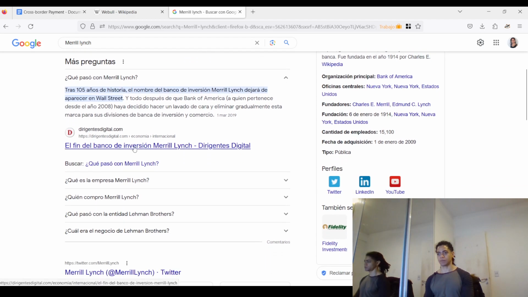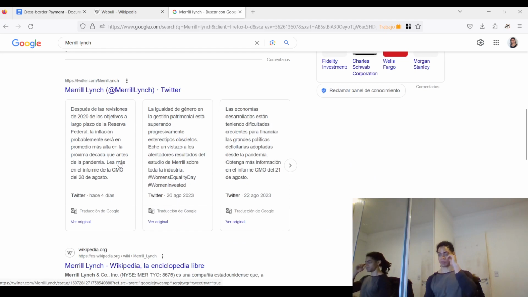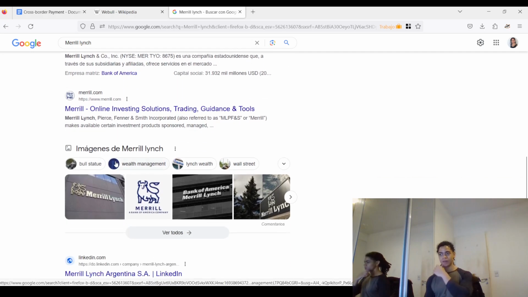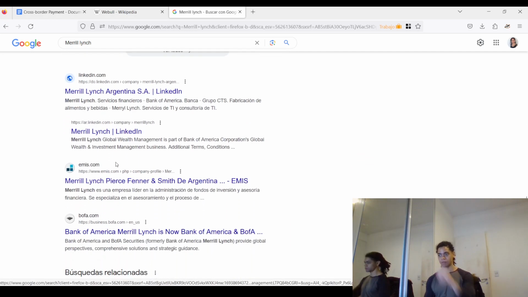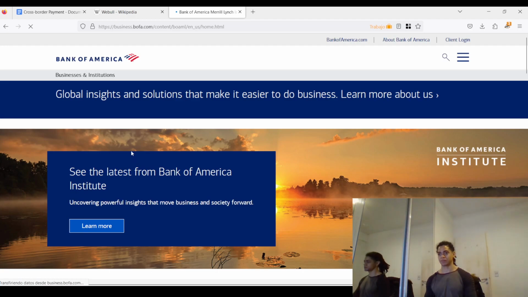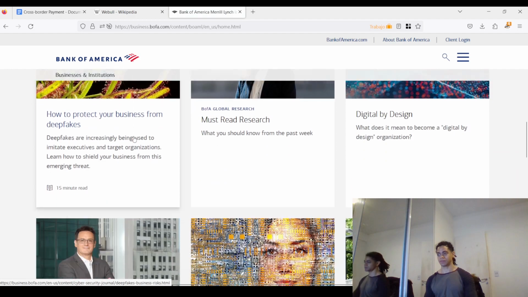Bank of America Merrill Lynch is now Bank of America, or BofA.